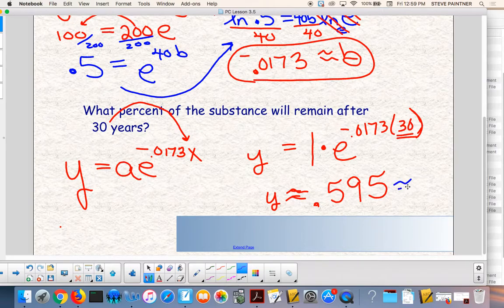So what we're saying is there's about 59.5% left. If I would have done it with Noah's 200, it would have come out like 119 pounds or less. Then I'd have to take his 119, divide by his 200 to get the 59%, and that's more work. I don't want to do that. Start with 1.